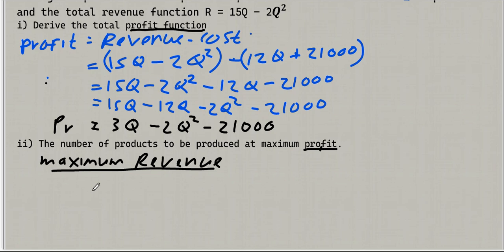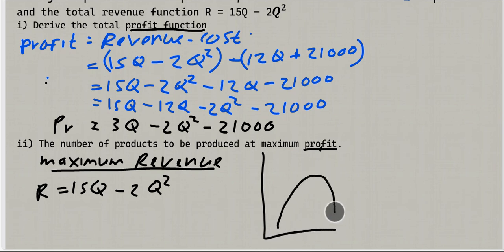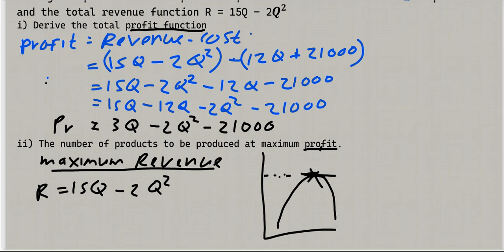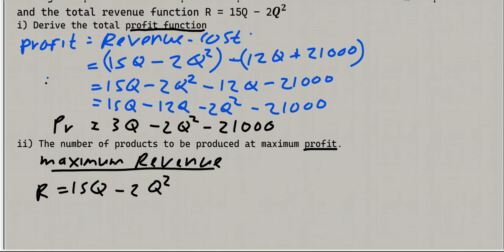You take the revenue function, and the revenue function is R is equal to 15q minus 2q squared. Again, what do you do? Remember our curve. If this is your revenue function, you're looking at this maximum point, and at maximum point the gradient is 0. That means you differentiate the function and equate it to 0.